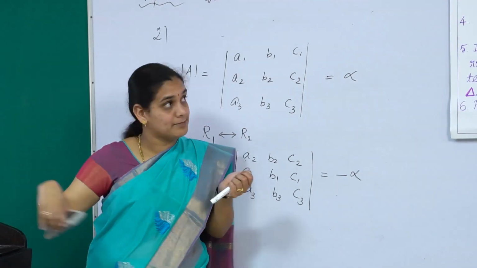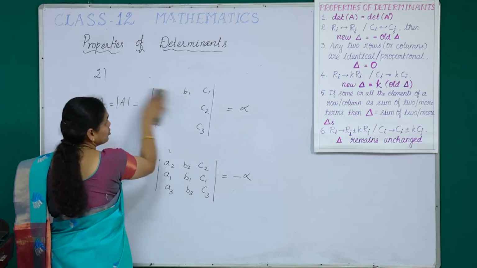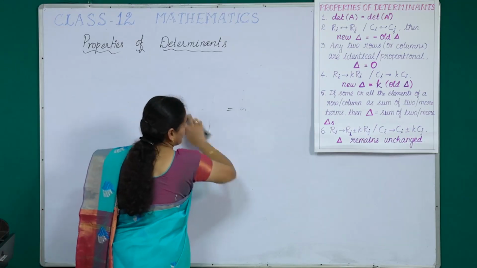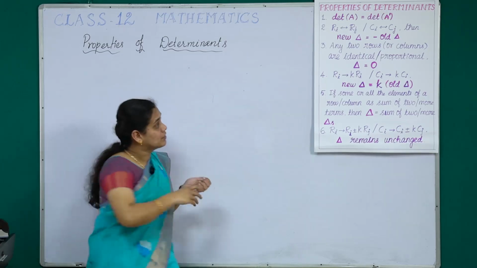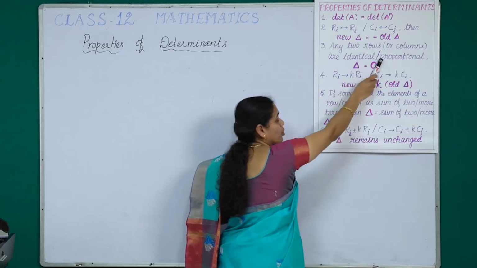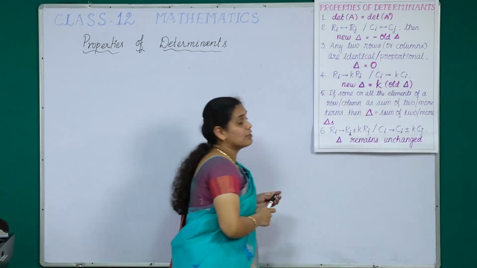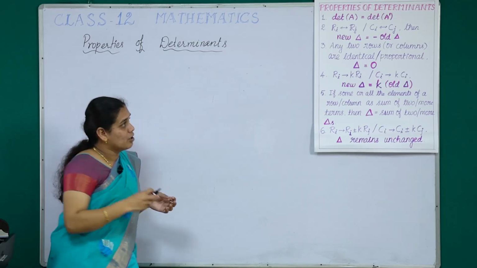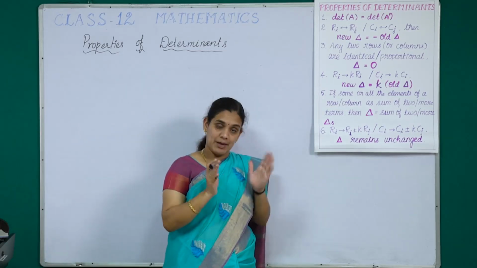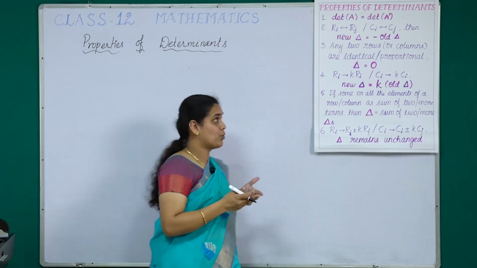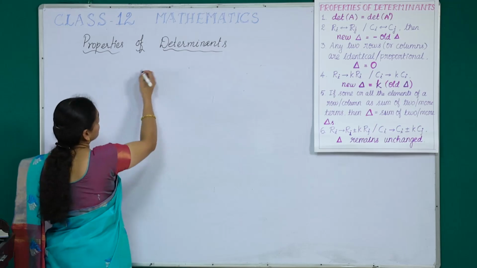Then the third one is: any 2 rows or columns are identical or proportional, then the determinant will be equal to 0. What do we mean by identical? Same elements. And proportional means multiplication of one row. Let's see an example.